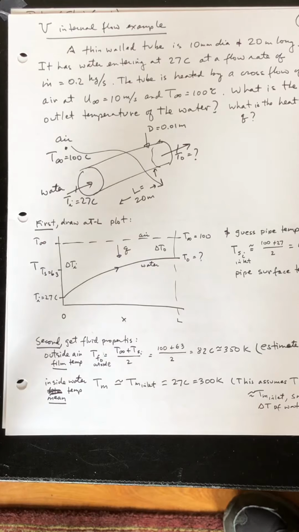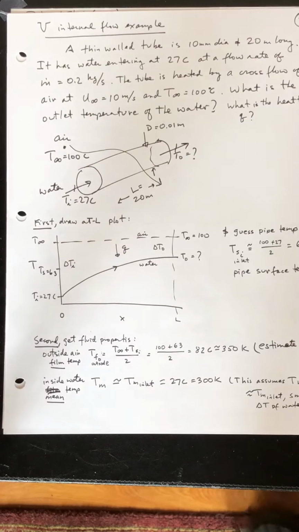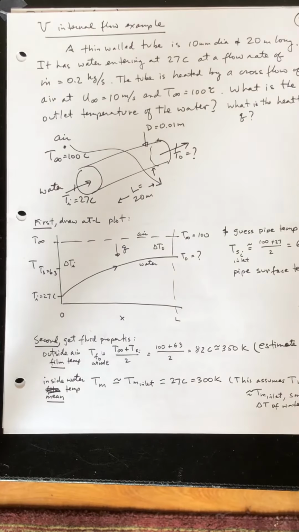Now, one particular complication for these types of problems is knowing what temperature to use when you get the fluid properties. And what I've done here is show what I usually do. I just make guesses, and hopefully the guesses are close enough to the actual answer. If you're being paid to solve a problem, you need to iterate to tighten up your answers.